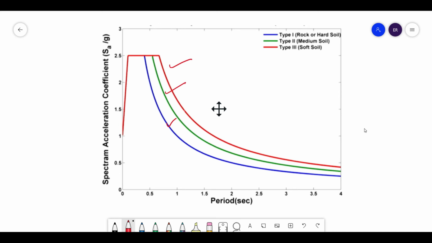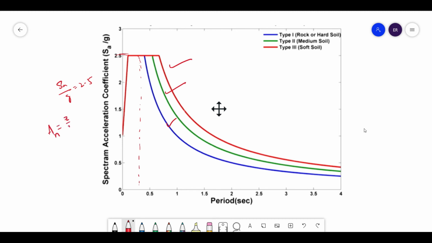What we generally do, we find the time period of the particular structure or a particular mode, and based on that we will see what is the spectral acceleration. That spectral acceleration, if it is 2.5, we'll consider that Sa by g as 2.5, and based on that we'll find out the horizontal seismic coefficient, horizontal acceleration coefficient, that is the Ah value.